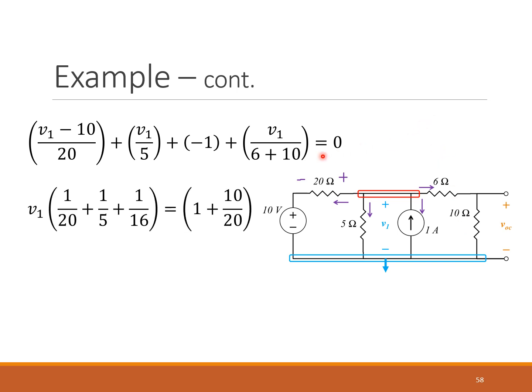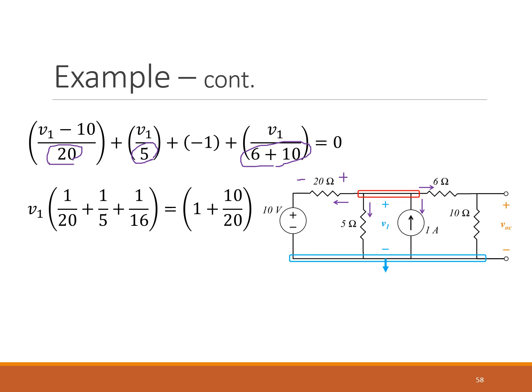What I'm going to do now is what I had mentioned in some of the previous videos where we were doing node voltage analysis. In the previous videos, what I did was multiply by the least common multiple of the denominators here. In this case, I've got 25 and 16, so that gets a little bit messier. Oftentimes to avoid making a simple math mistake, I'll just keep those fractions.